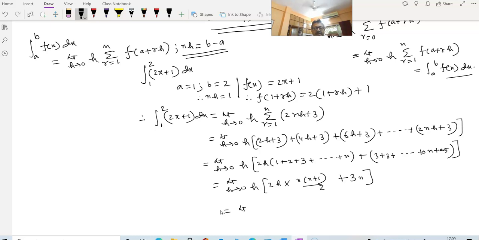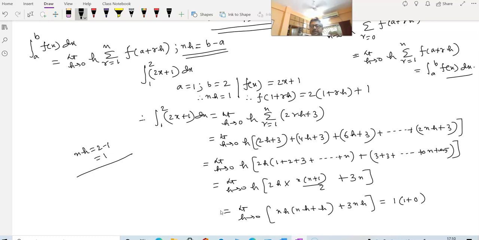Take h inside, plus 3nh, where nh is 2 minus 1, that is equal to 1. That I wrote earlier. So you substitute the value here. It will be 1 into (1 plus h). If you put h as 0, then this is going to be 3 into 1. Answer is equal to 4.